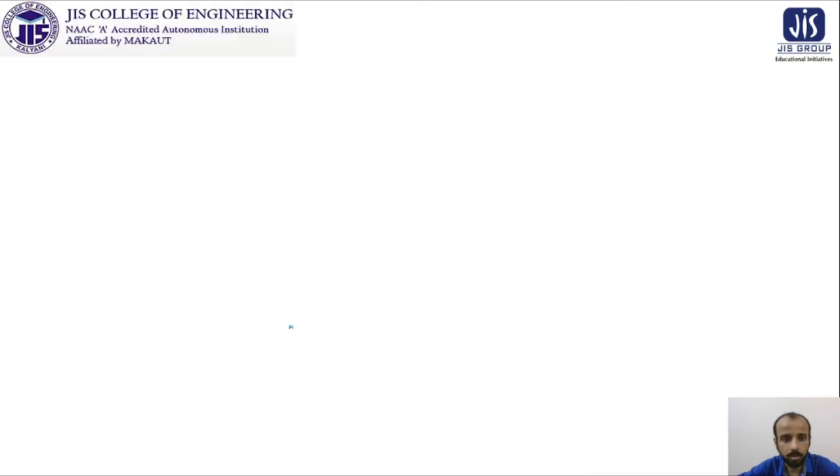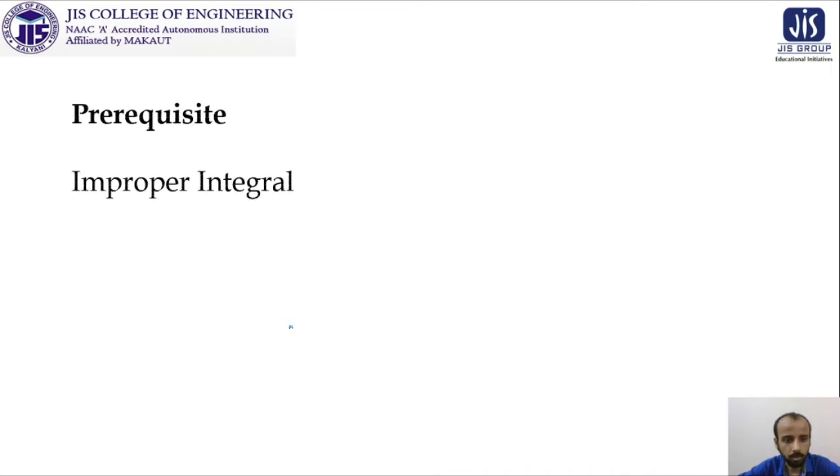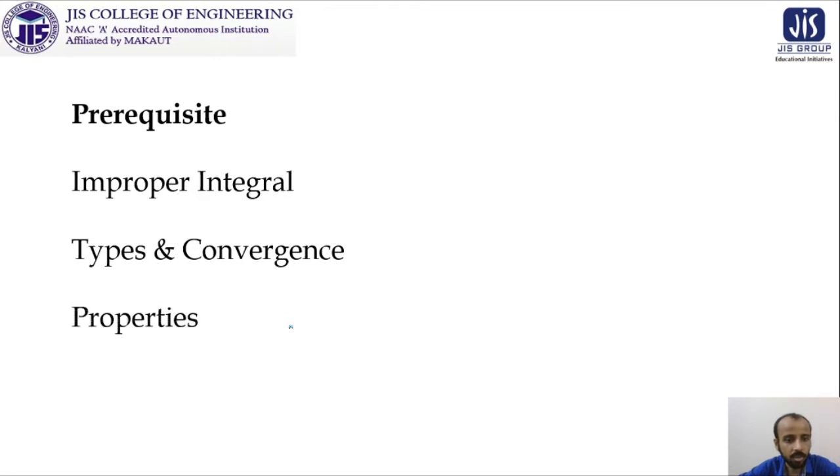The prerequisites for this particular topic are, first of all, the concept of improper integral, which is already discussed in your class, and the types of various improper integrals are also discussed. Along with that, the convergence criterion for improper integral is also exhibited with various examples. These are also very much required for this class, and ultimately we need the properties of improper integral.